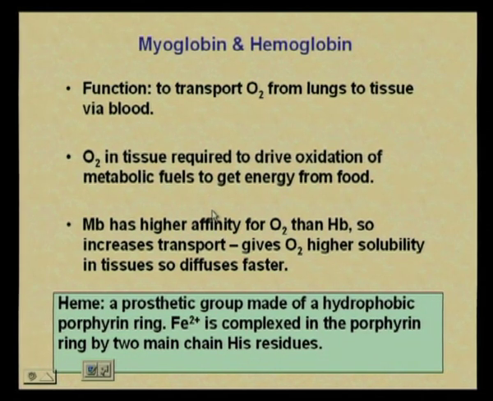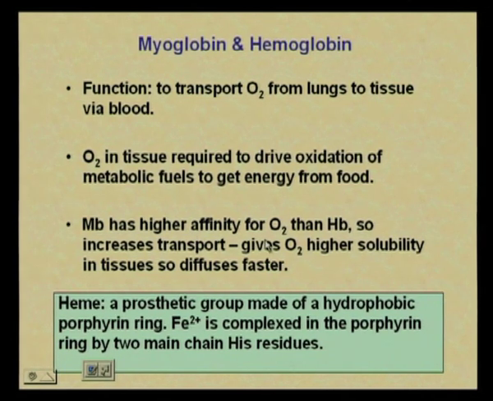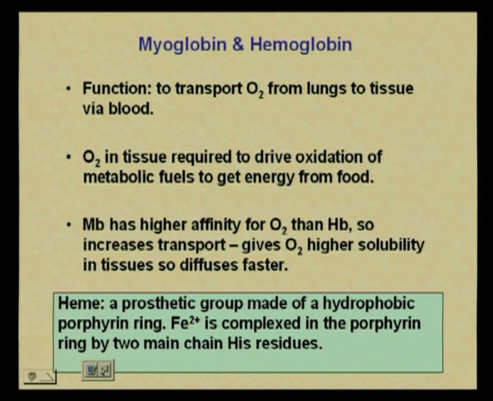We will also see that myoglobin has a higher affinity for oxygen than hemoglobin. So, it increases transport and gives oxygen higher solubility in tissues, because that is where the oxygen is needed for the energy, for the oxidation of the fuels.